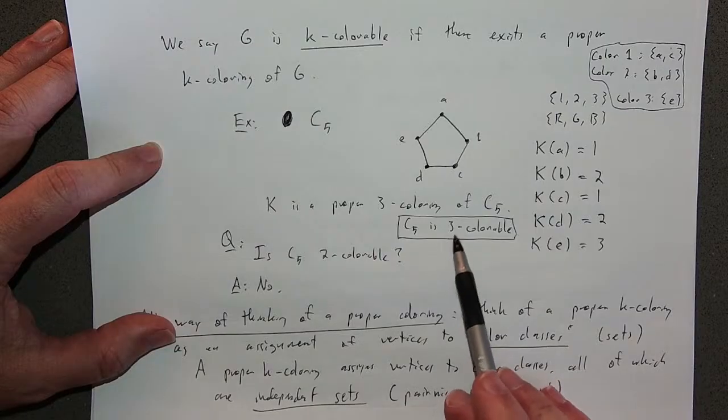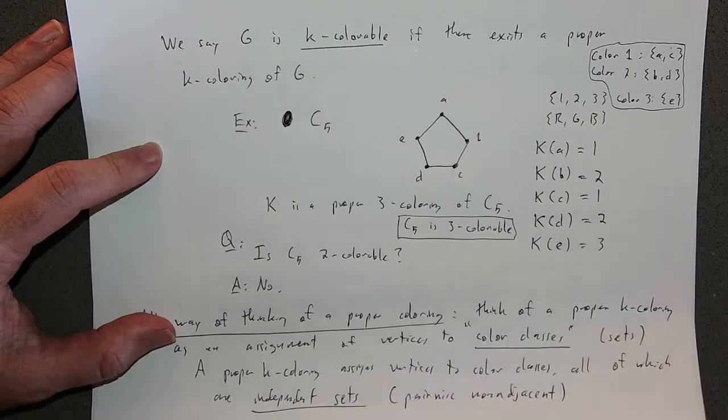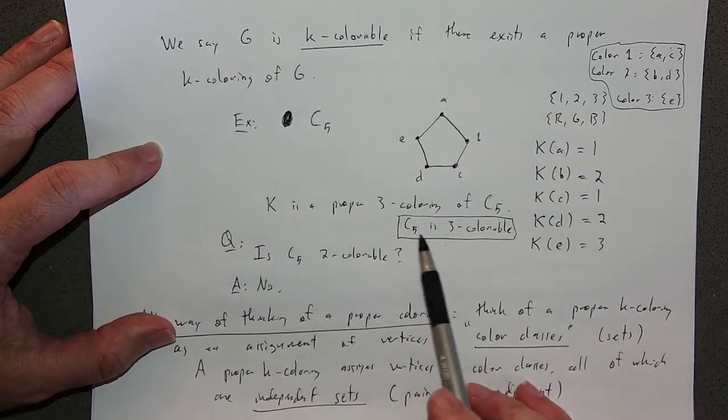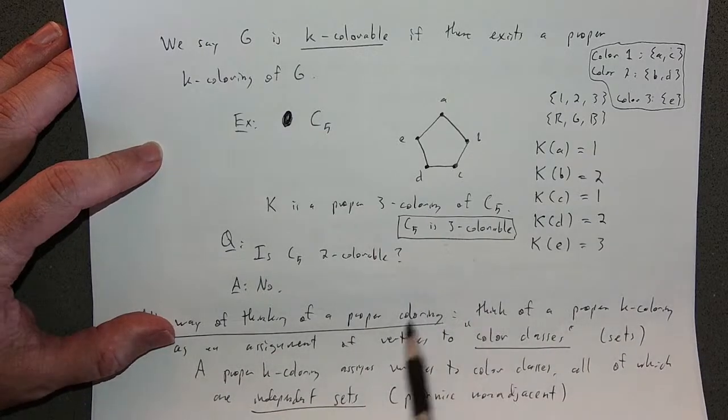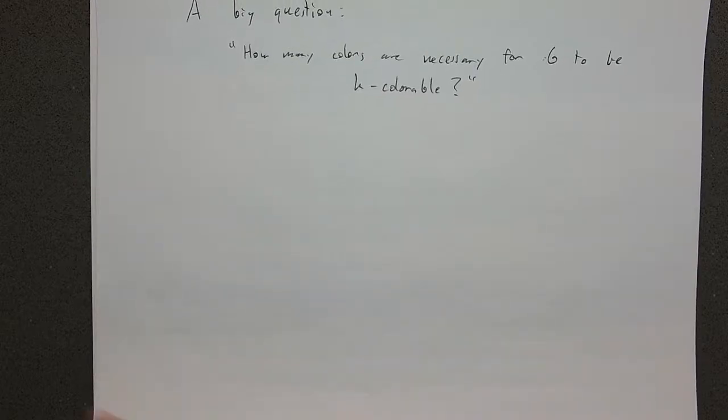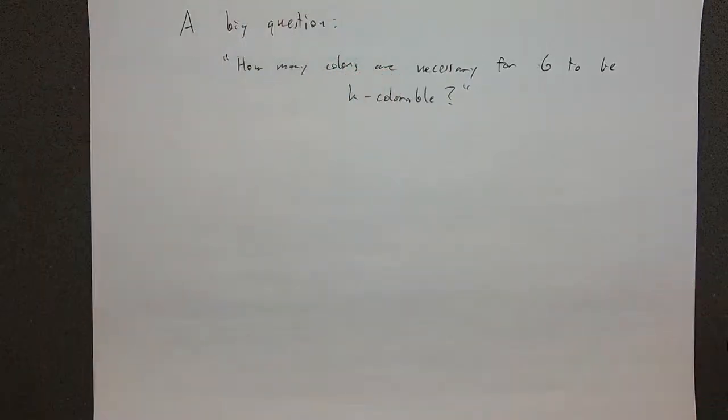So 3 is the smallest k such that C sub 5 is k-colorable. So 3 colors in that sense is necessary, and 3 is the smallest needed, because 2 is impossible, so 3 is the only next option.